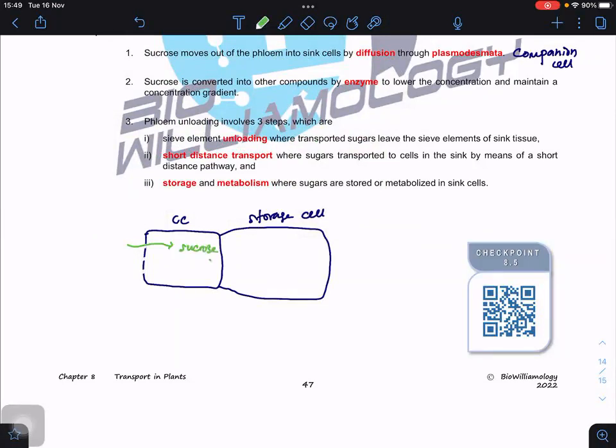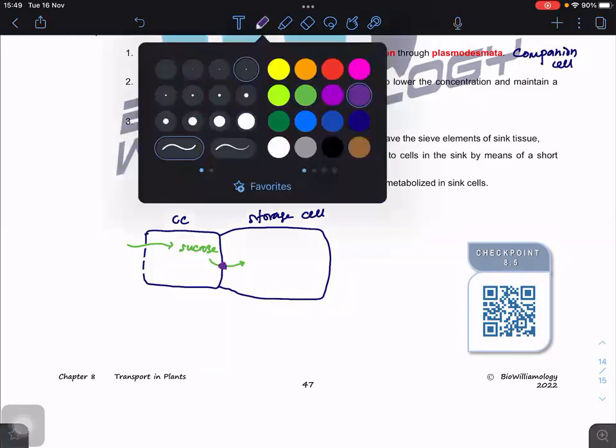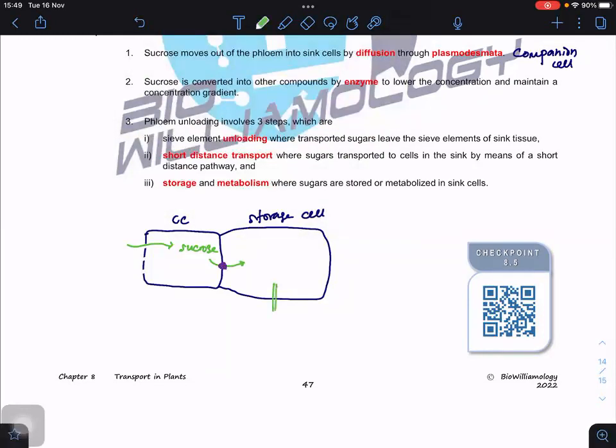When sucrose enters the storage cells, we want to maintain a steep sucrose concentration gradient. They go through this transporter. Inside these storage cells, you can see that they have the enzyme to break down the sucrose into glucose plus fructose.